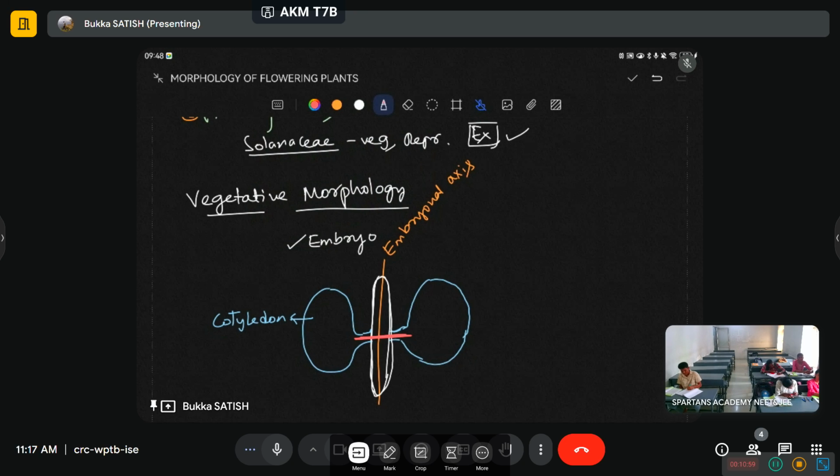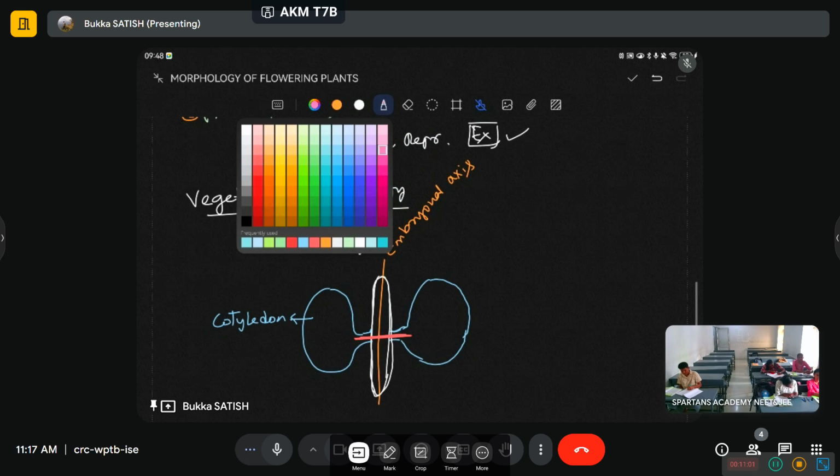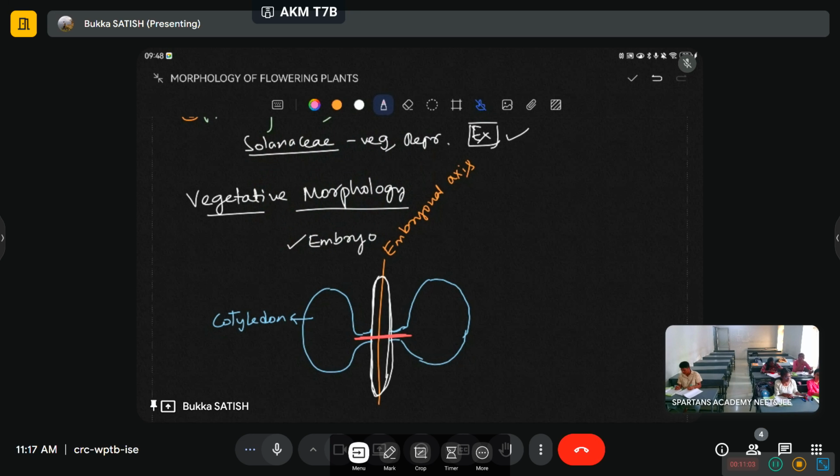Right. The complete part above this one is what we call, yes, anyone? Epicotyl. See the name: epi means above, cotyl is cotyledon.